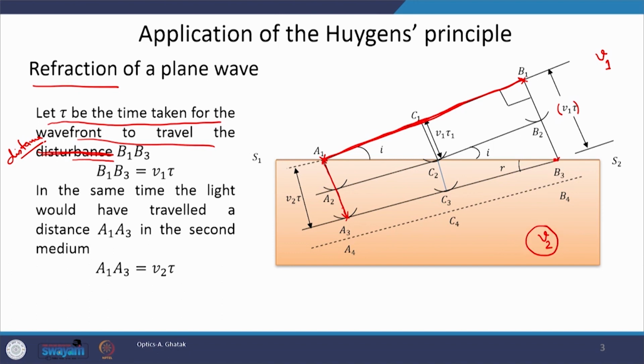Suppose the wave speed is V2 here, therefore in time tau it will travel a distance V2 tau, and therefore A1 A3 would be equal to V2 into tau, and this is what is written here. B1 B3 is equal to V1 tau, while A1 A3 is equal to V2 tau, and A1 A3 would be different from B1 B3 because of different velocities.